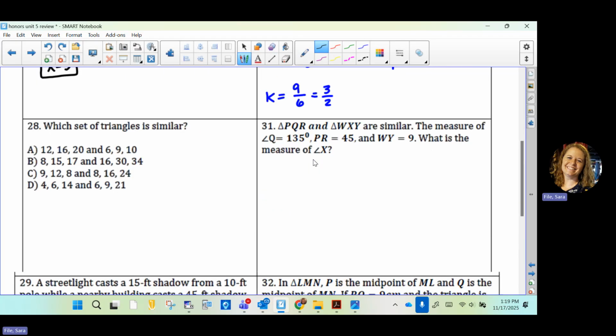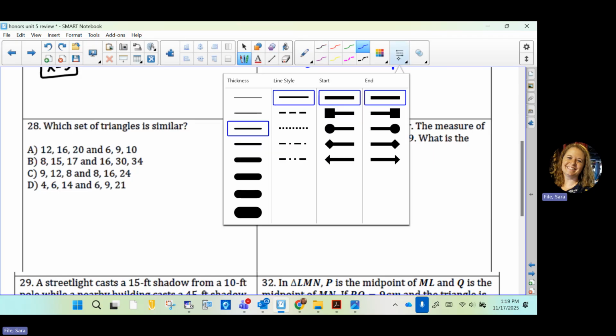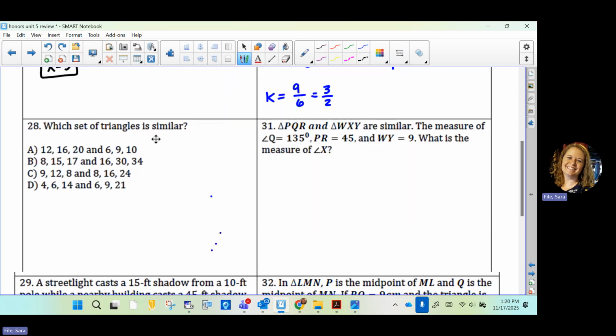All right, let's go ahead and take a look at 28. 28 says, which set of triangles is similar? So again, you look at the way their sides are listed, and then we're going to check those ratios. So I'm going to check 12 is to 6, as 16 is to 9, as 20 is to 10.